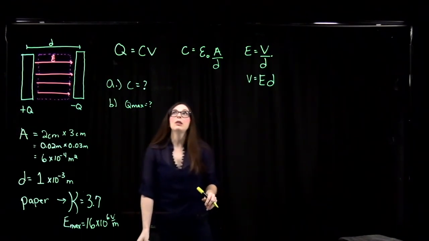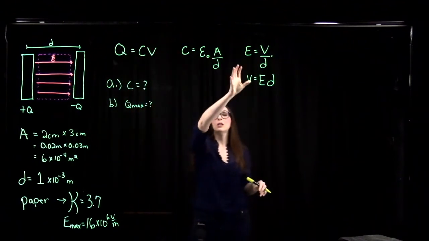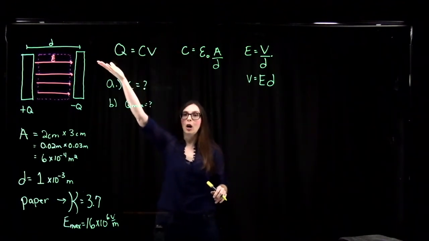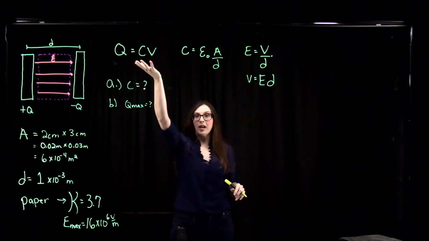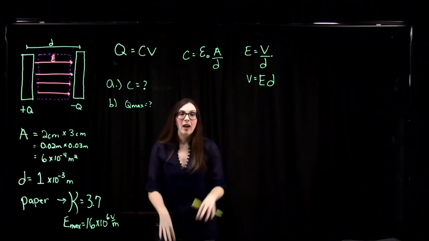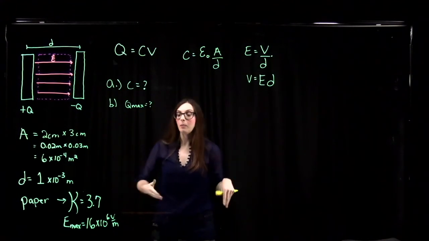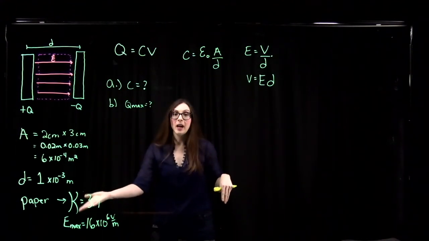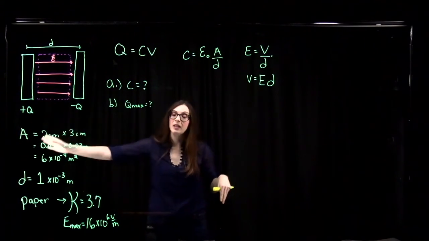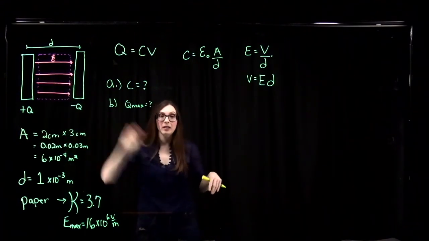All right, so here are our equations for capacitors and capacitance. The charge on the capacitor is the capacitance times the potential difference. Our capacitance of the capacitor gets increased by a factor of the dielectric constant whenever you stick in a dielectric inside the capacitor.